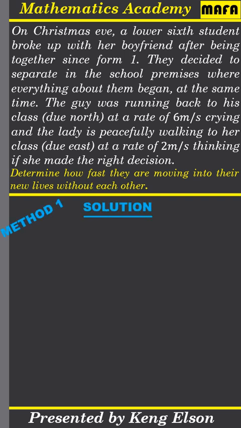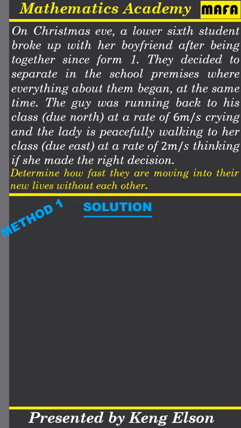In the first method, we are just going to do a brief analysis by replacing different values of time and trying to calculate how fast they are moving into their new lives without each other. Basically, how fast they are moving is the velocity or the speed they are moving without each other into their new lives.